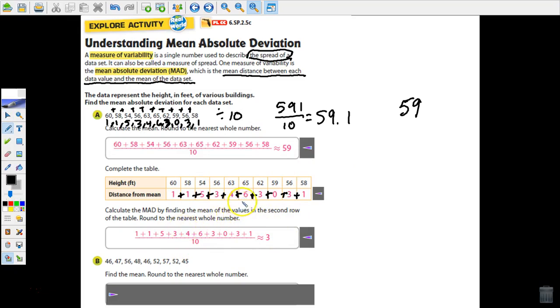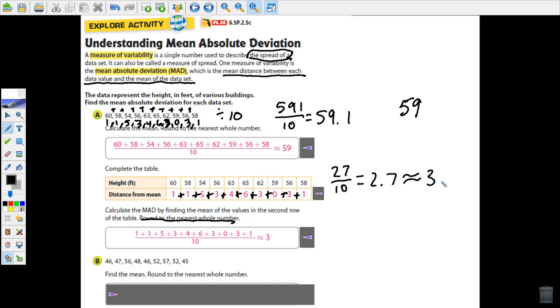If we add them all up, we get 1, 2, 7, 10, 14, 20, 23, 23, 26, 27. 27 divided by 10 equals 2.7. So this is our legitimate MAD. But they say round to the nearest whole number. So this would be about 3.